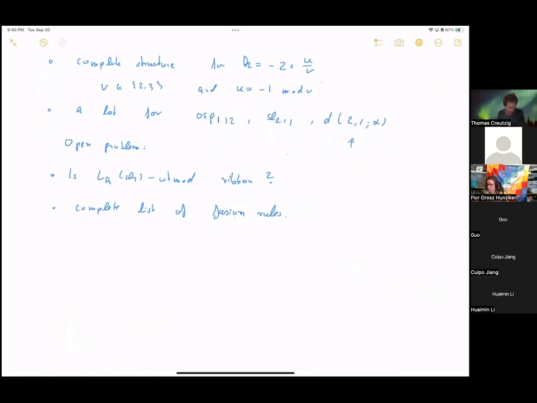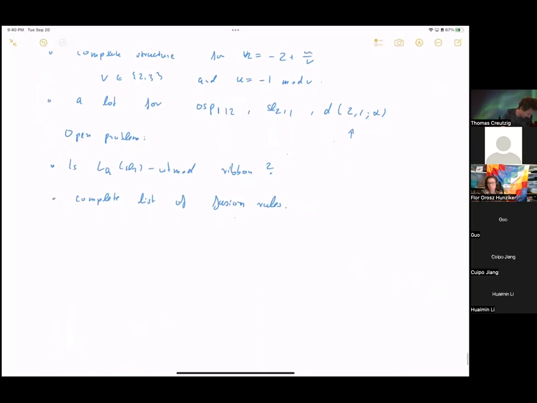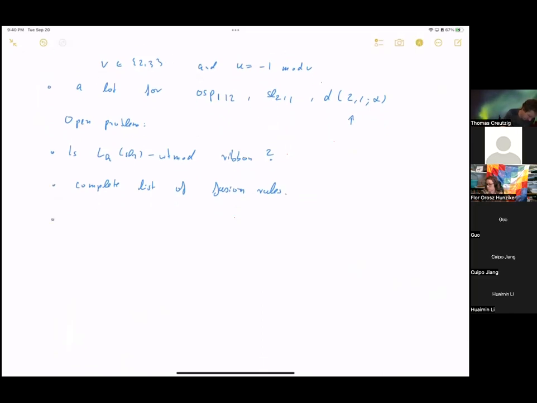I think that both these problems are really difficult, or maybe one needs a good idea.